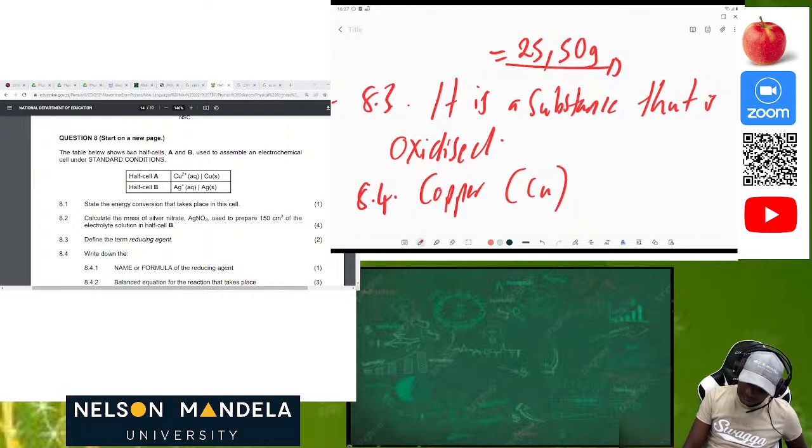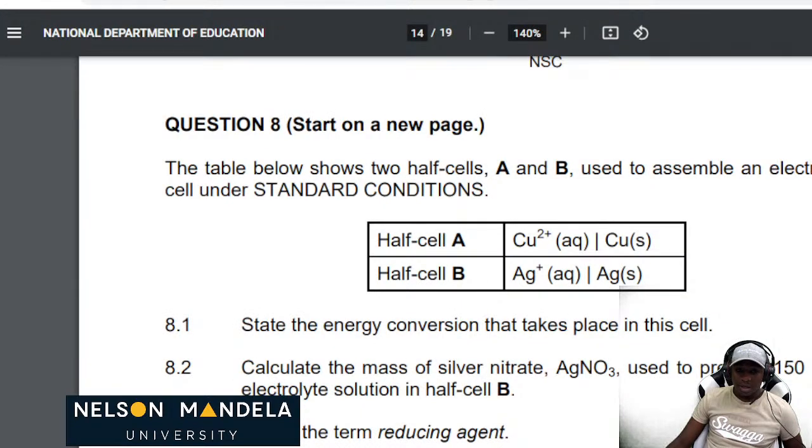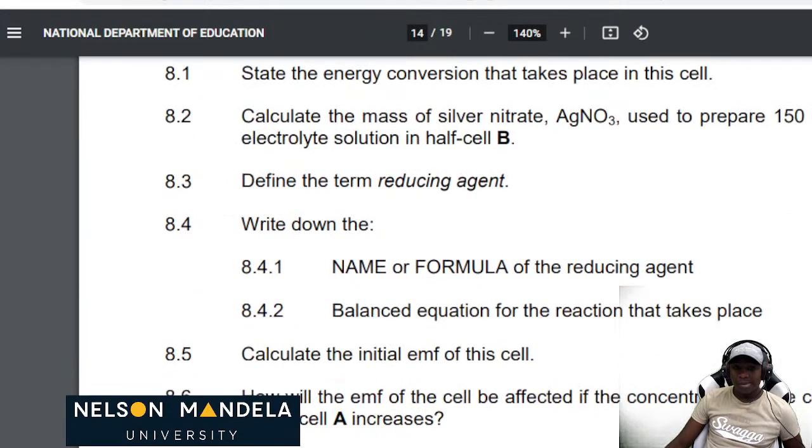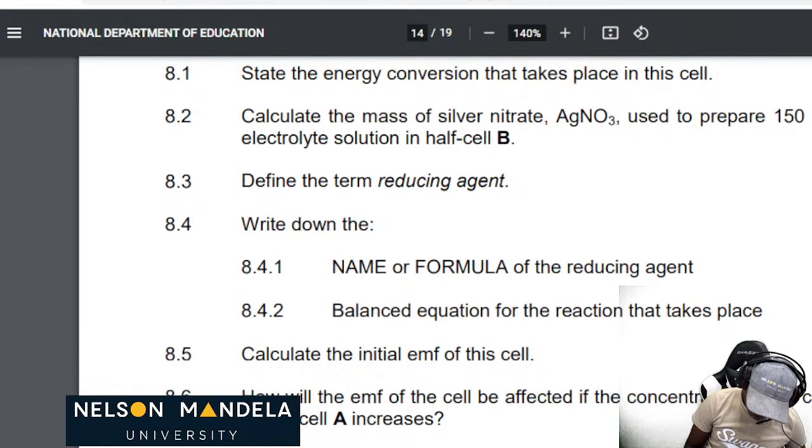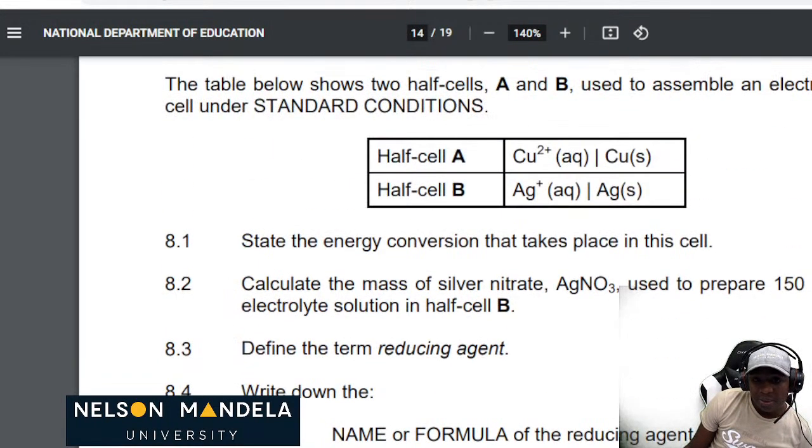Now looking at 8.4.2, balance the equation of the reaction that takes place. Let's balance the equation, guys. This is interesting. In other words, they need the net reaction which is occurring.